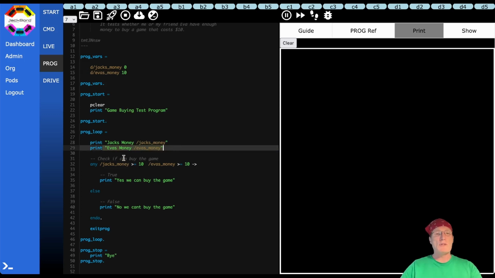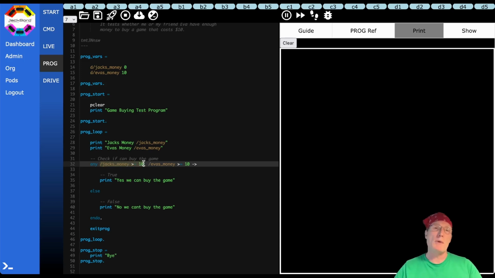Then the next thing we're going to do is we need to check if we can buy the game, and we do that here. And what we're doing is we're running two tests. The first test is testing whether Jack's money is greater than or equal to $10, because we only need $10 to buy the game. And the second test is testing whether Eva's money is greater than or equal to $10.